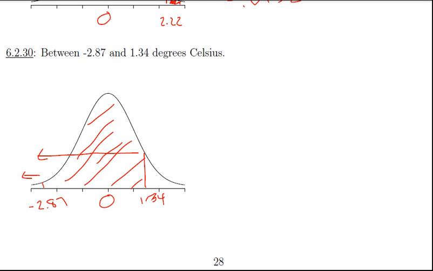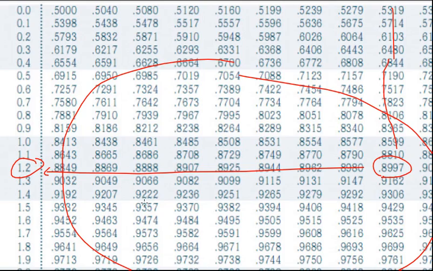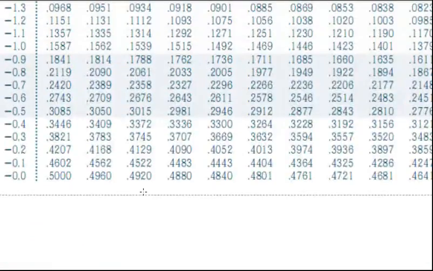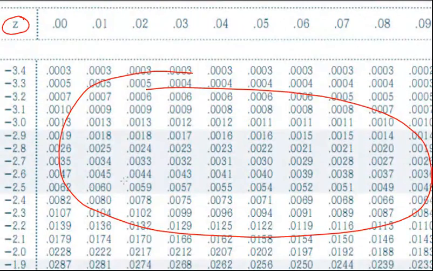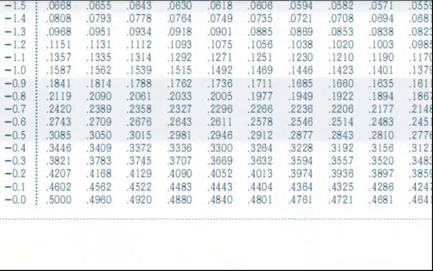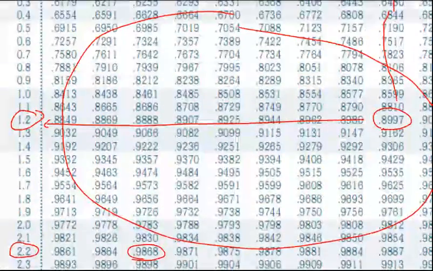So I'm going to go to my normal table, go to negative 2.87. Negative 2.87 is right here, that's 0.0021, and the other one was 1.34, so I'm going to look up 1.34.